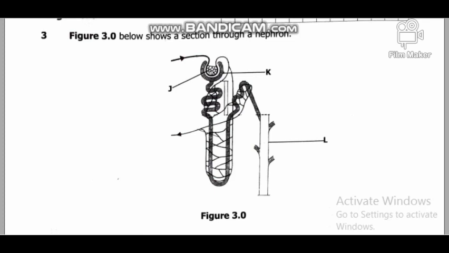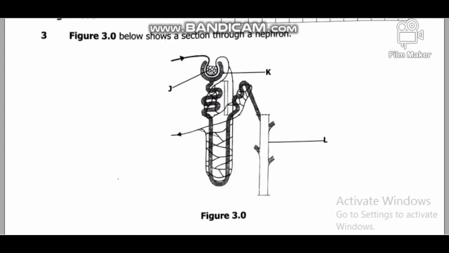L is a collecting duct, or you can call it a tubule. Whenever you go through a diagram like that, it is going to be simple, because the questions are going to come from the same parts that you need to identify.